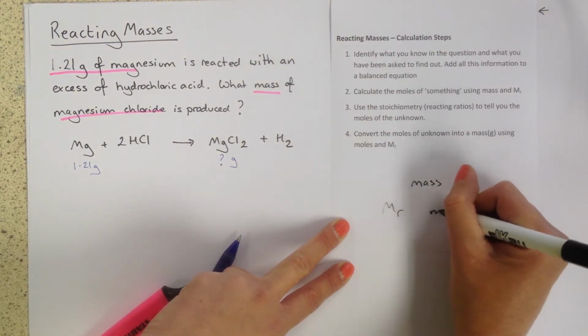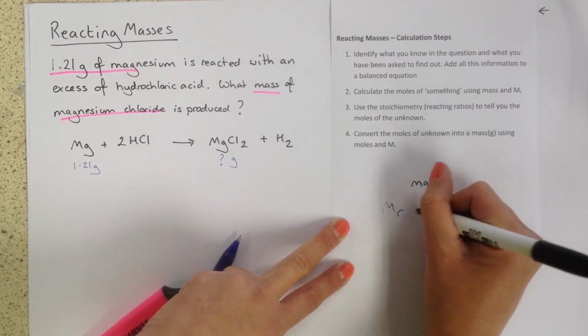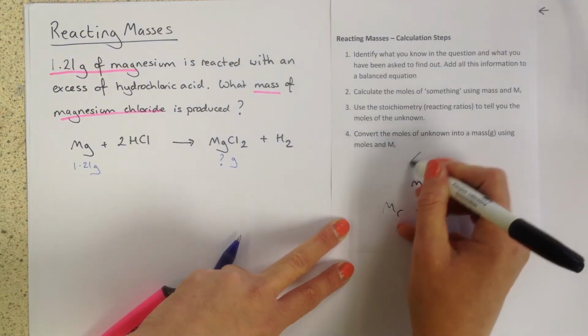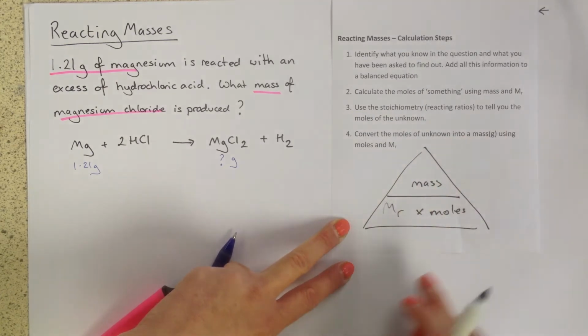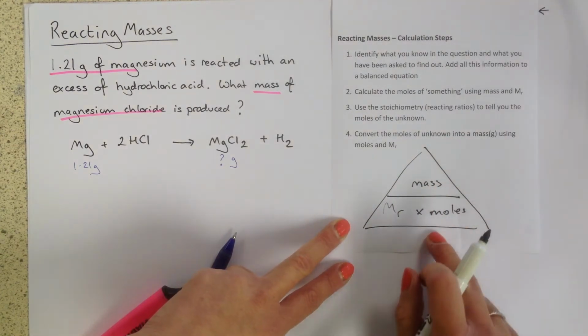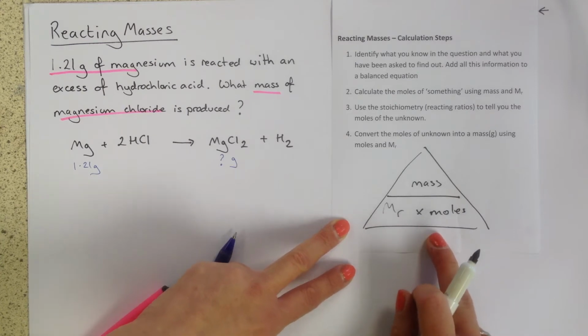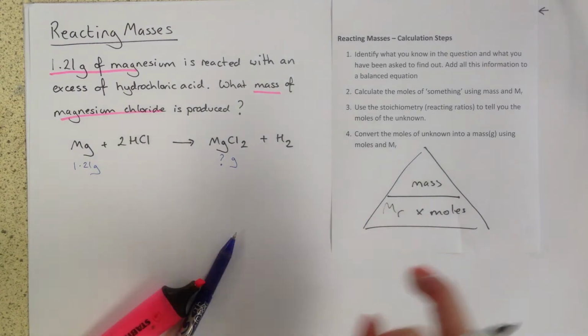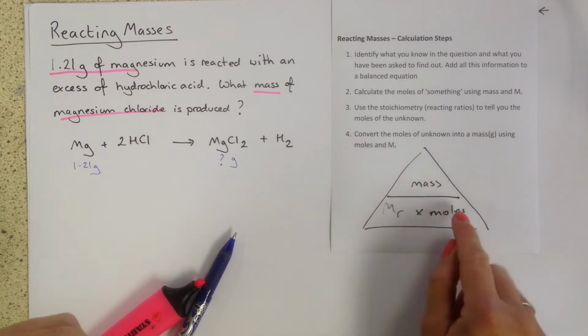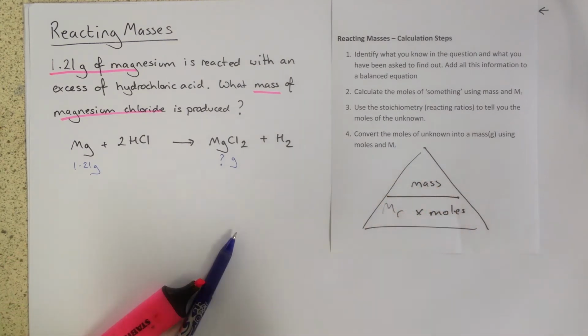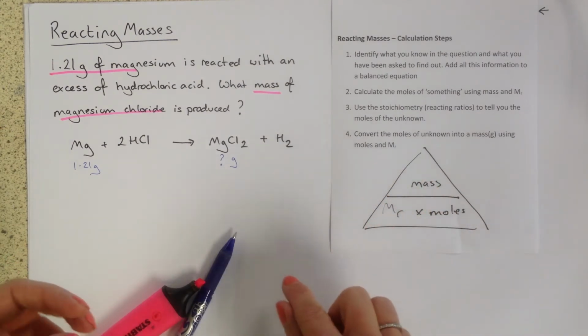You can obviously interchange MR and moles in the equation triangle. I'd always advise writing that down in the margin before you even start an exam question. So, calculate the moles of something using mass and MR. What can we calculate the moles of? If you've got an equation triangle, there's 3 unknowns. If you know 2 of them, you can work out the 3rd one.